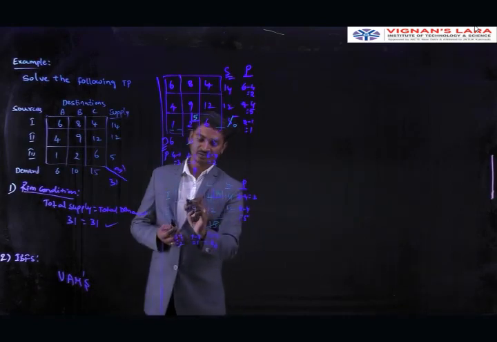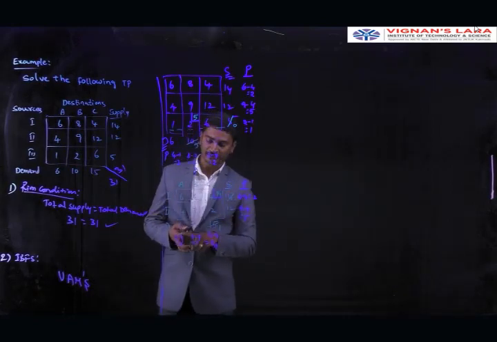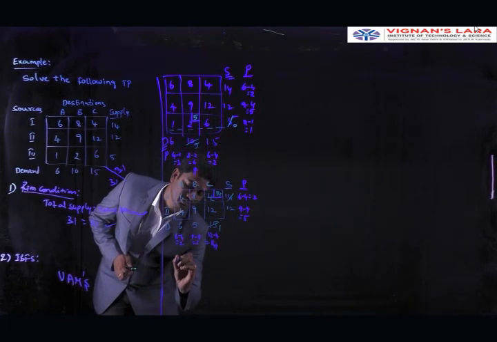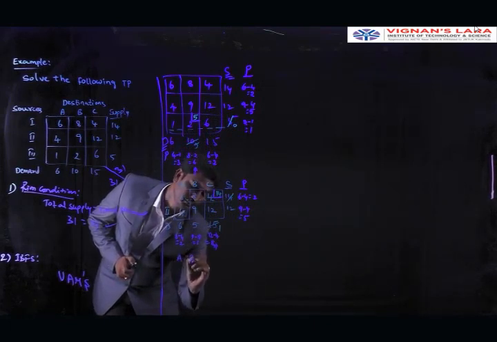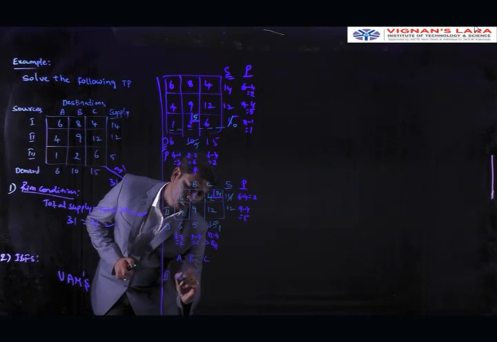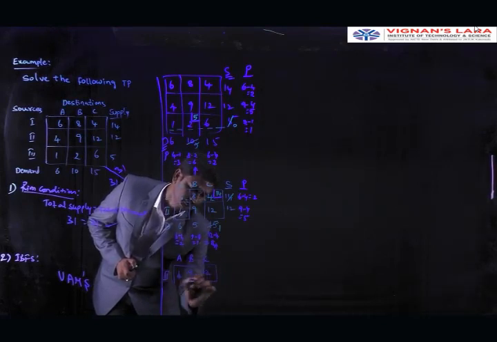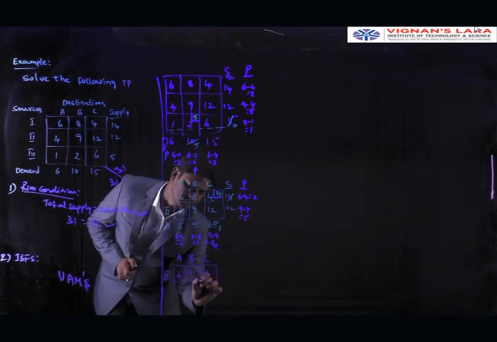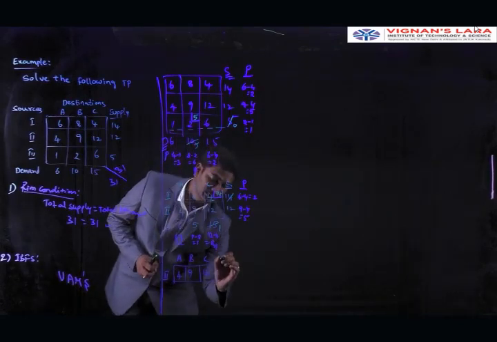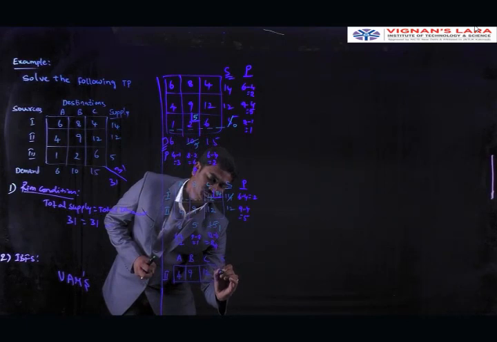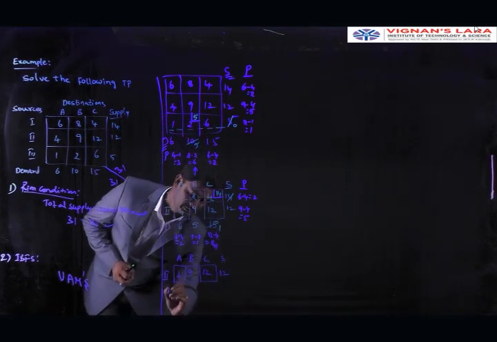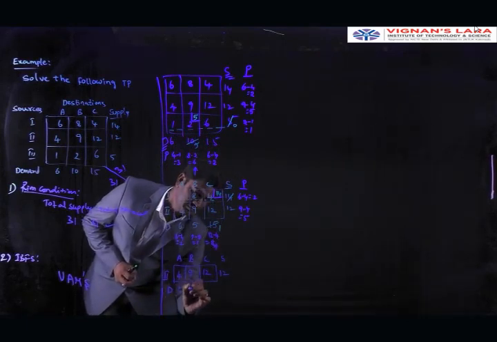Next we are going to remove this column. Okay, A, B, C and second row 4, 9, 12. Here the supply is 12 units and the demand is 6, 5, 11.